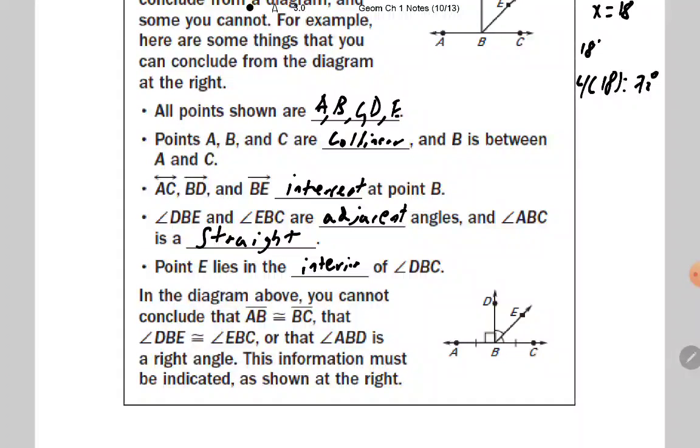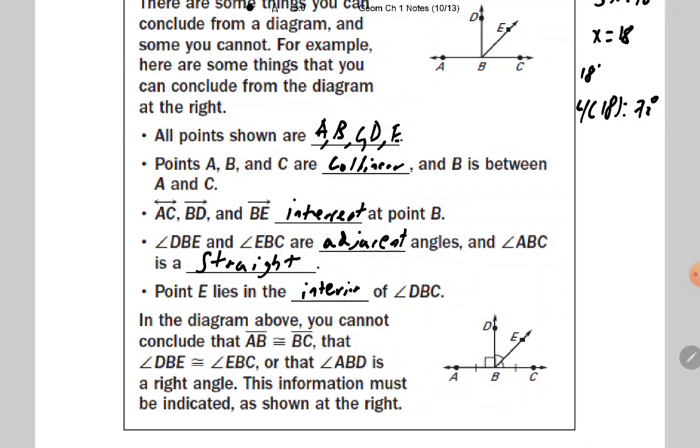So in the diagram, you cannot assume, so in the diagram above, so they're talking about the top one, the one that's like barely gone. Here you go. You cannot assume that this segment AB is congruent to BC. You would need the tick mark there that they show in the bottom picture.